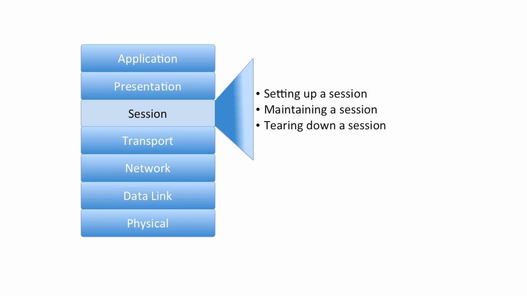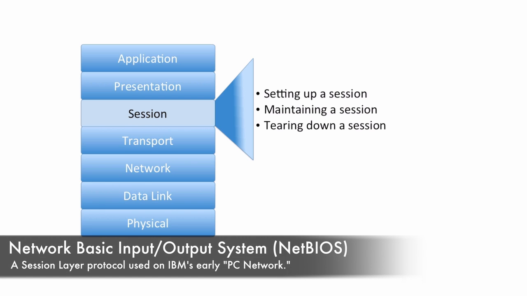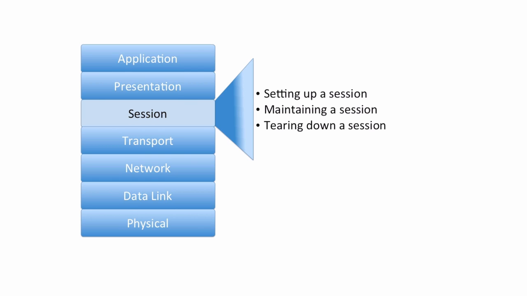When it's time to tear down the session, we want to notify all of the parties involved that the session is over. To give an example of a protocol that lives at the session layer, consider NetBIOS. NetBIOS is short for Network Basic Input-Output System. It's an application programming interface, an API. It's been around for a while.